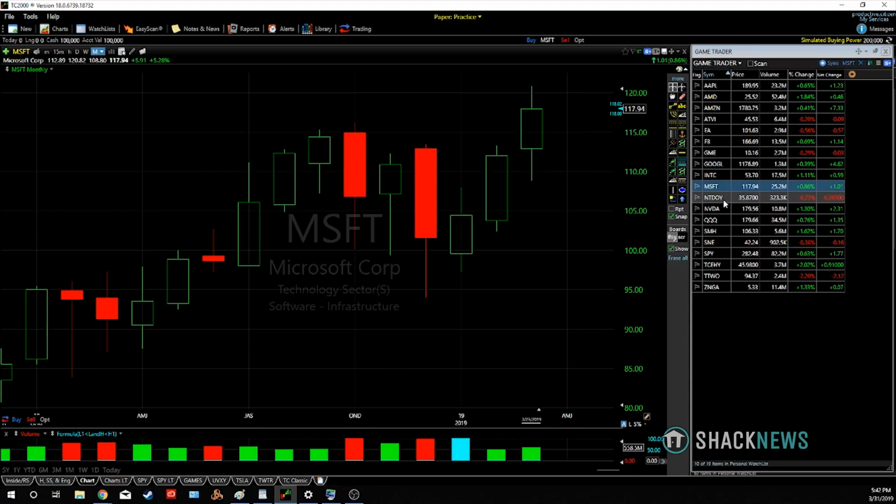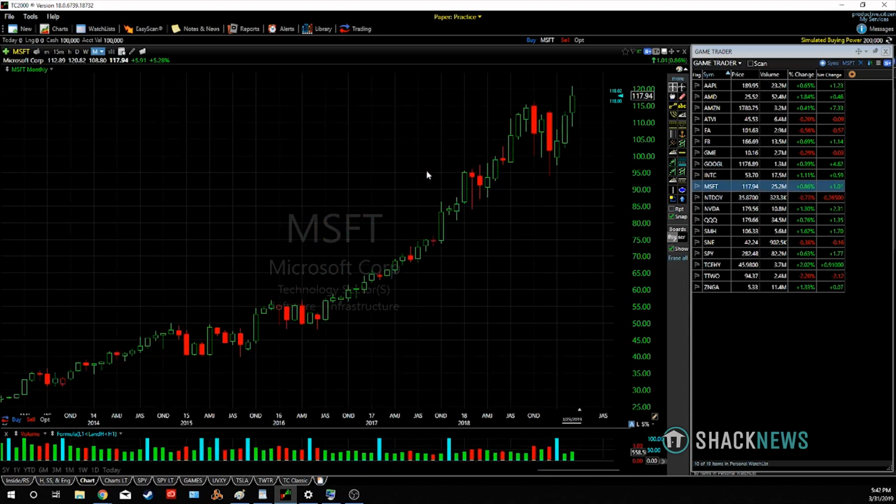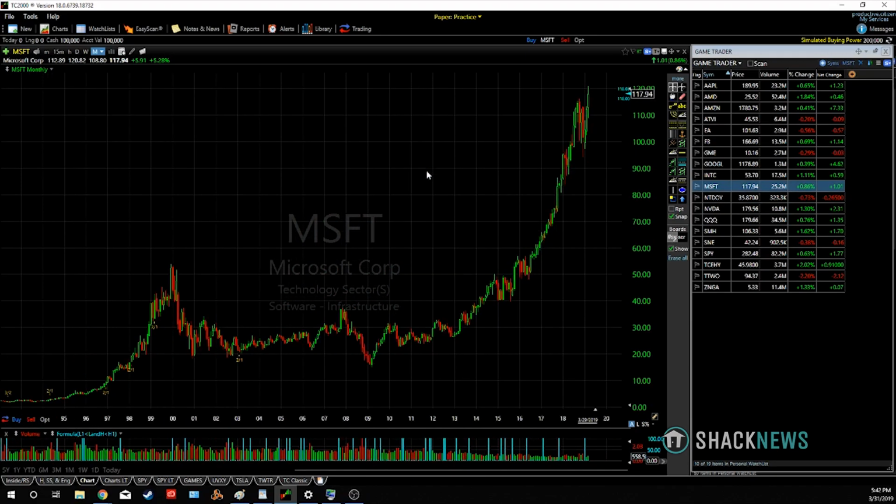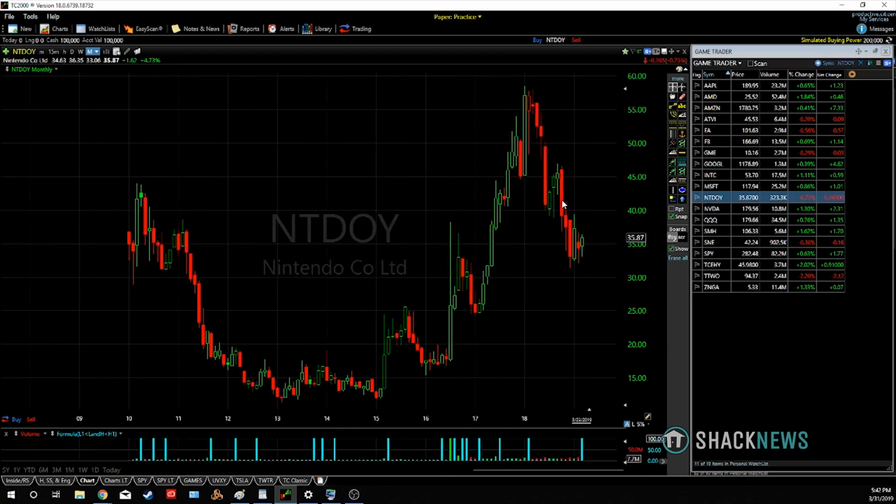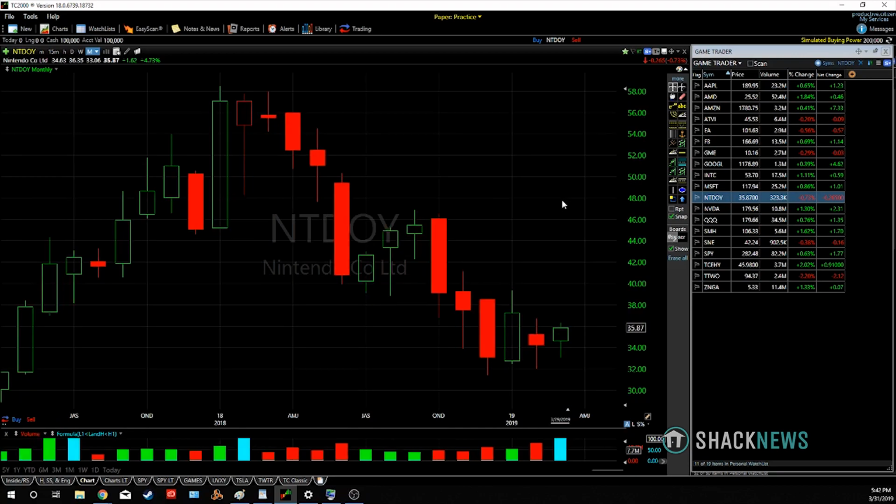Out of that whole cohort, I really think that Microsoft is the best of breed. That's just reflected in the stock chart. And after a really long time where it churned between $15 and $35, it's just broken out, and it's great to see. So let's go on to my largest holding, which had a horrible 2018, Nintendo.